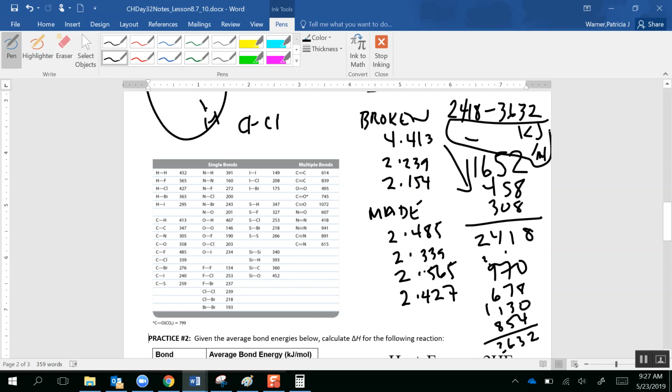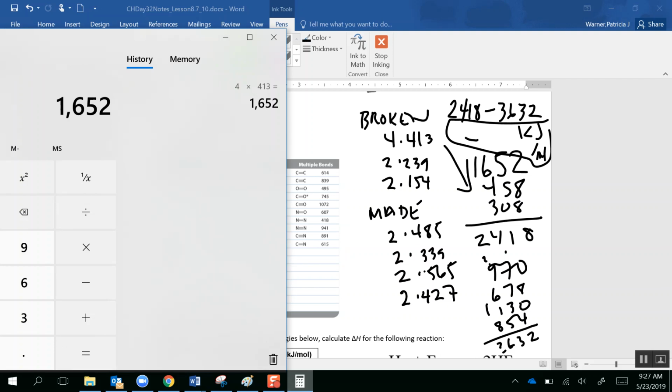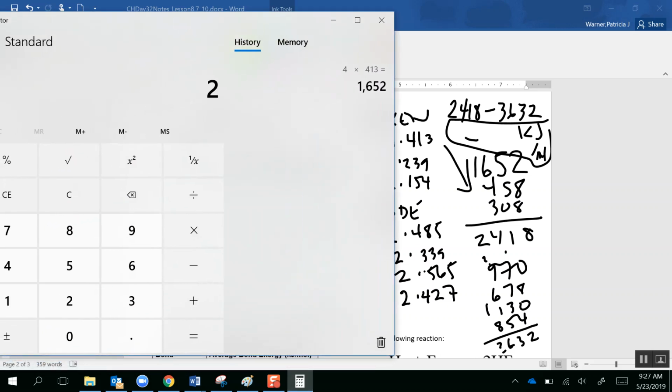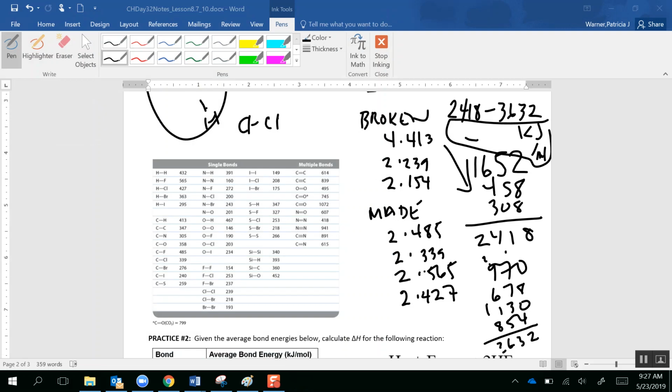All right, so I won't bore you with that calculation, although I could pull it up on the calculator here. So 2,418 minus 3,632, and we get negative 1,214 kilojoules. So that's how much energy leaves the reaction.